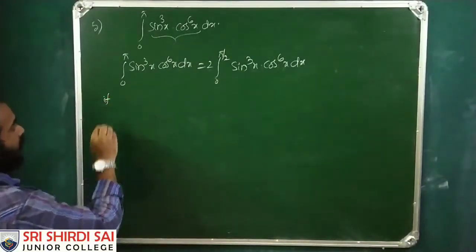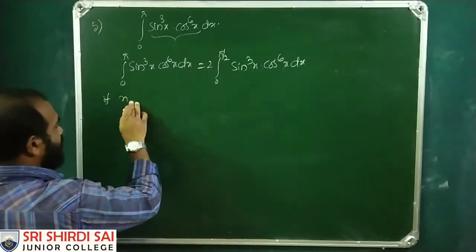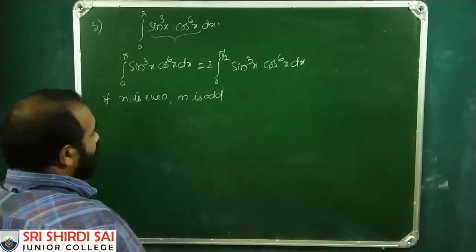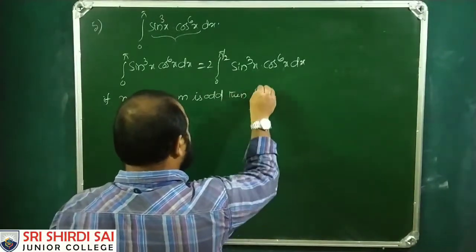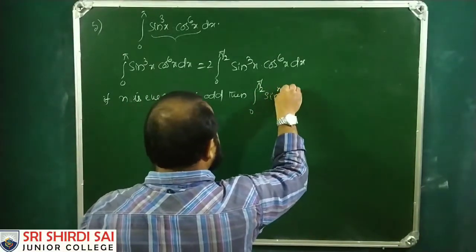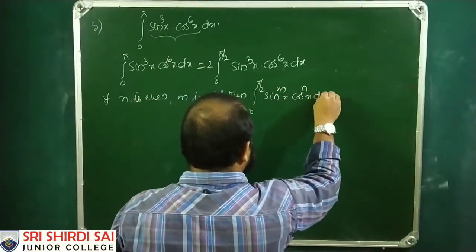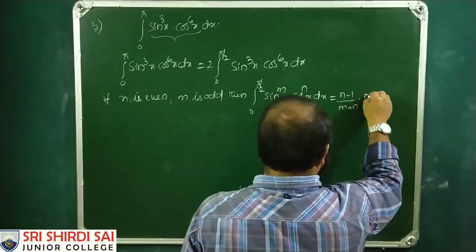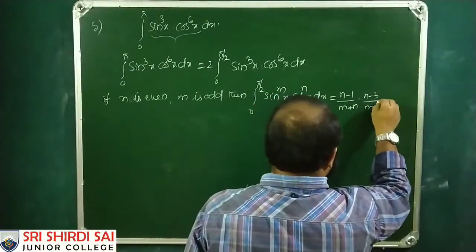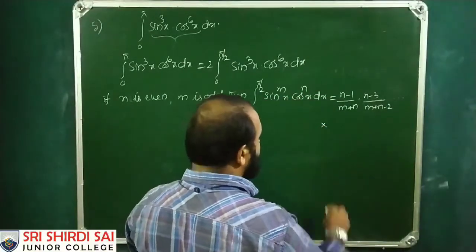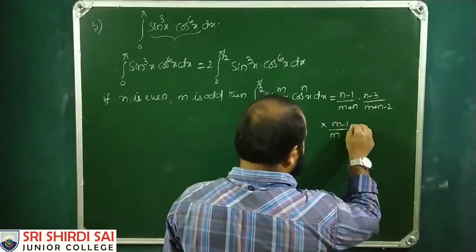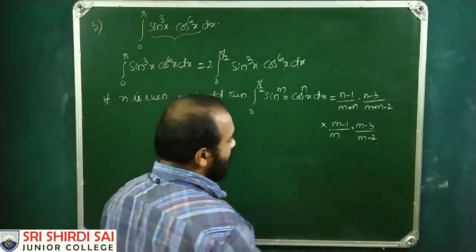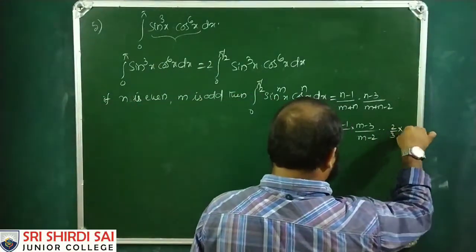So if n is even, m is odd, then integral 0 to pi by 2 sine power mx into cos power nx dx is equal to n minus 1 by m plus n, n minus 3 by m plus n minus 2, etc., into m minus 1 by m, m minus 3 by m minus 2, since m is odd here, etc., 2 by 3 into 1.